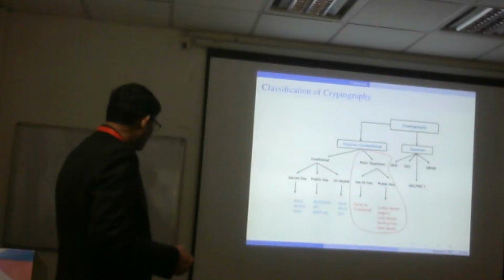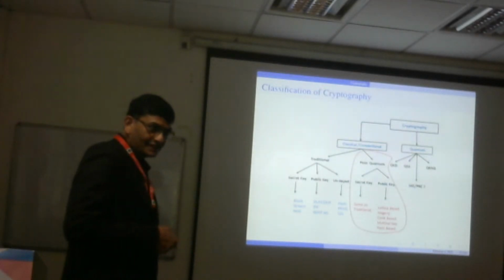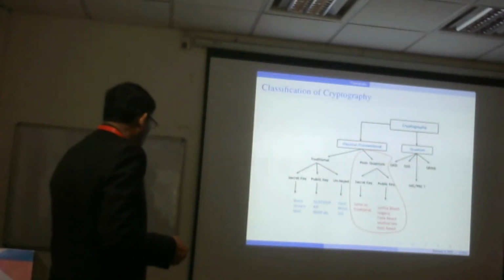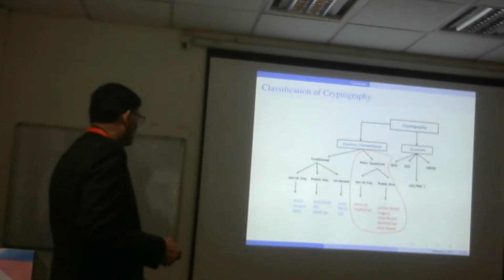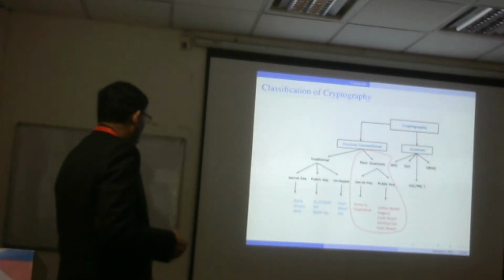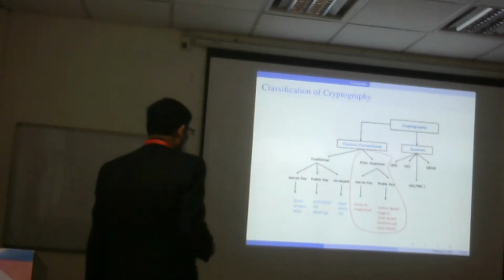So these we call classical. Like AES or DES, right? Hash function families like MD5. All of this we call the classical part.